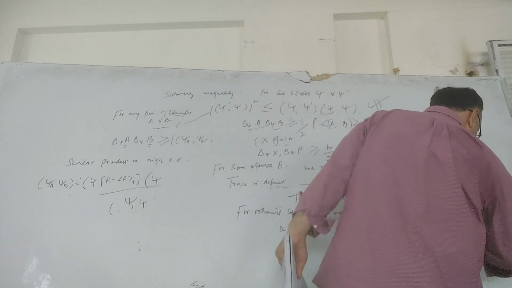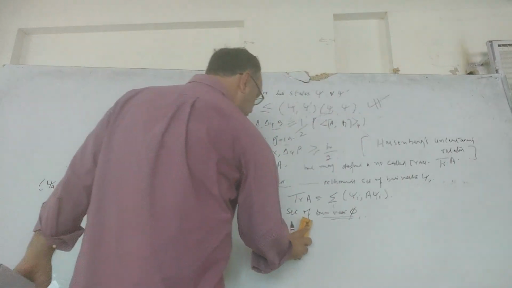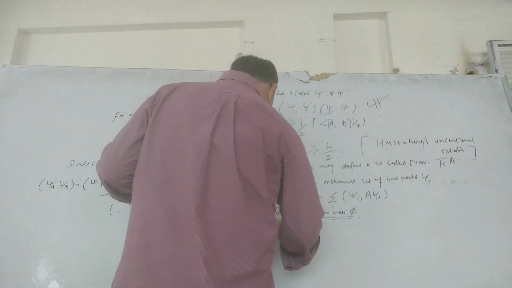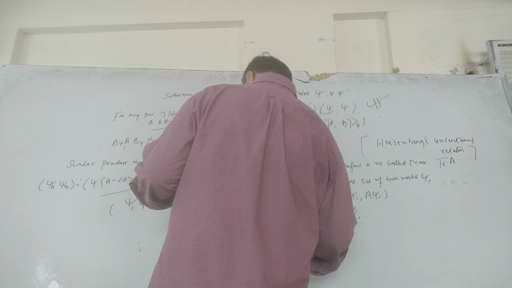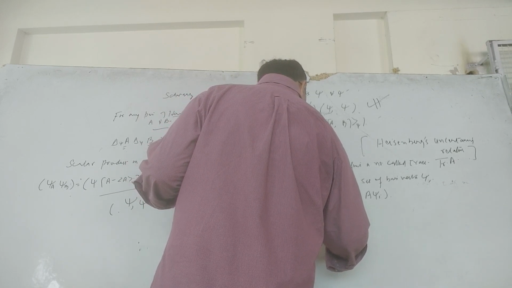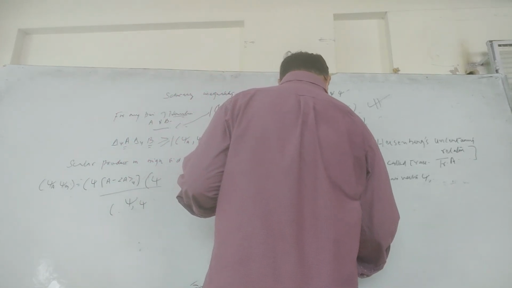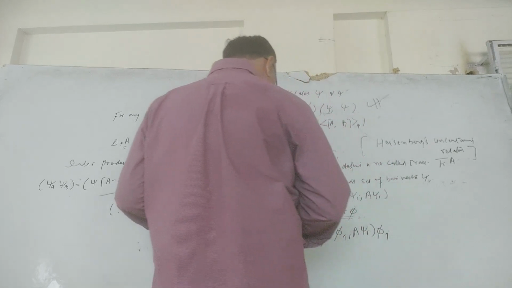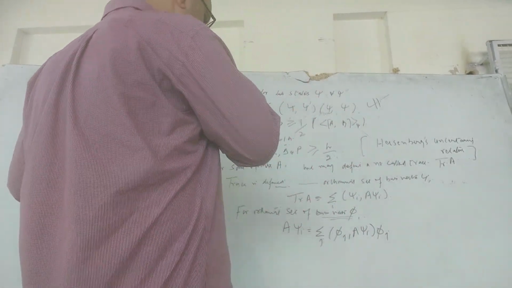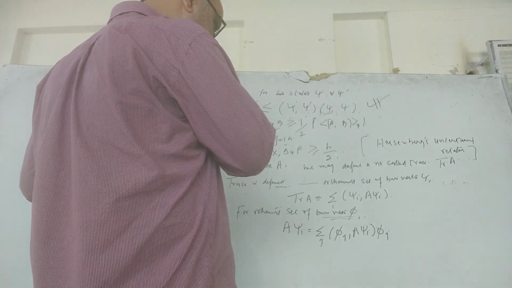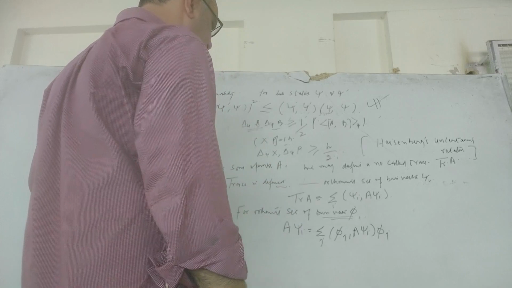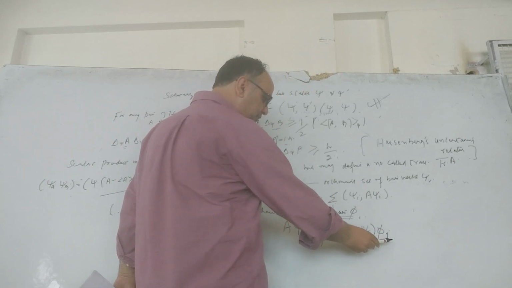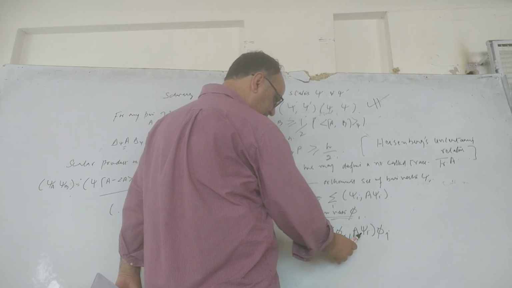So for orthonormal basis vectors, A psi i can be written as phi j A psi i phi j.